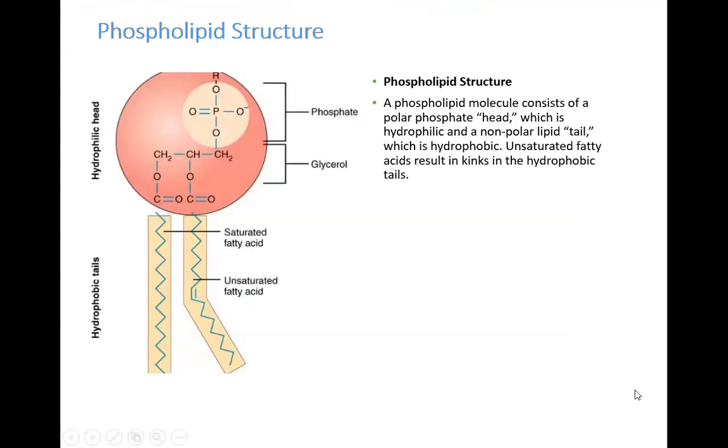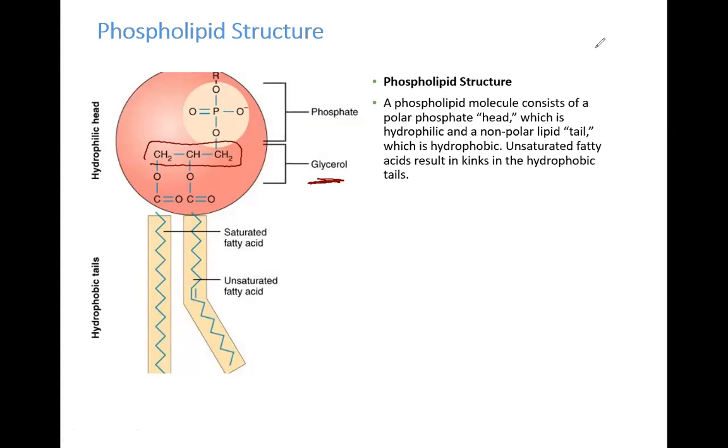So there's your phospholipid, a little better drawing than mine, but it's essentially the same structure. The 3-carbon alcohol, you see the glycerol sort of tucked away right there. Carbon, carbon, and carbon. There's the 3-carbon alcohol.